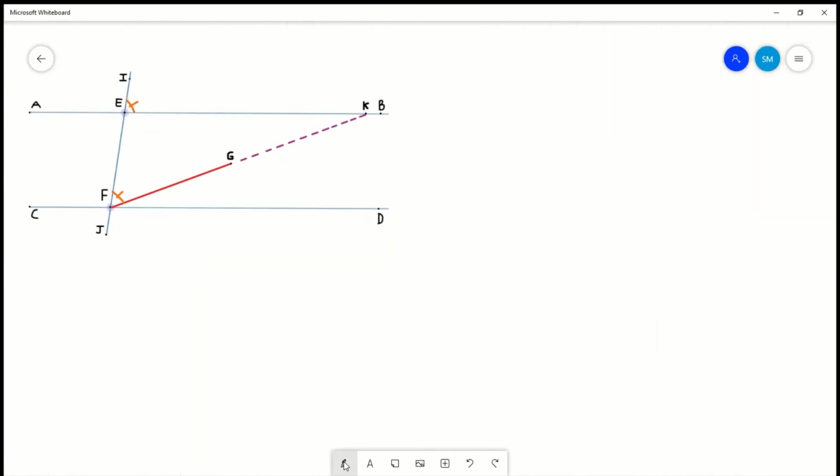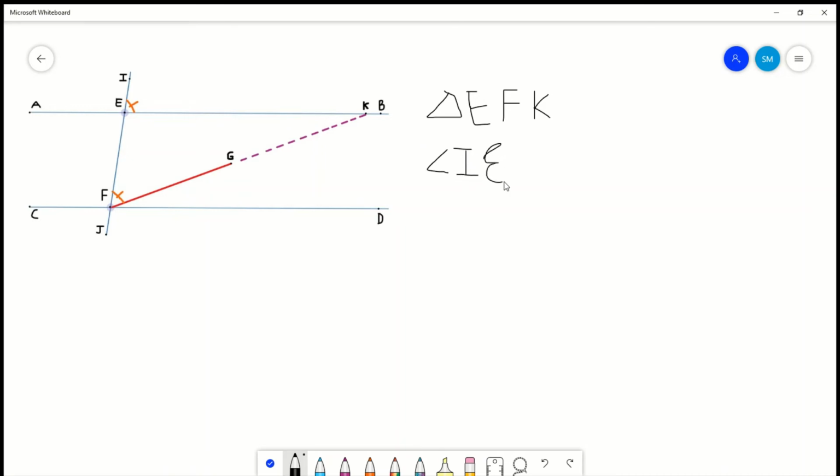Yeah, so in our case 2, we'll have to have a look at triangle EFK. So in triangle EFK, angle IEK is an exterior angle.